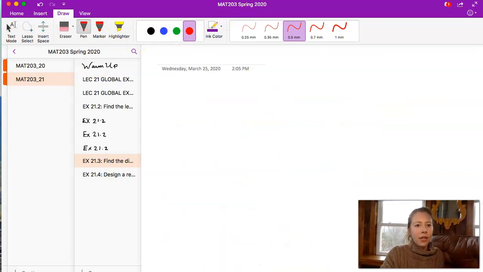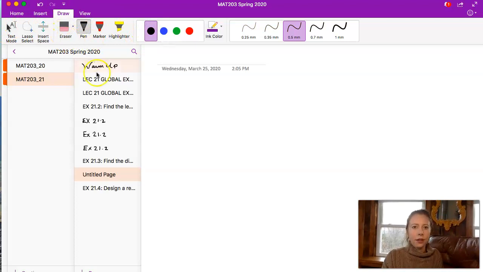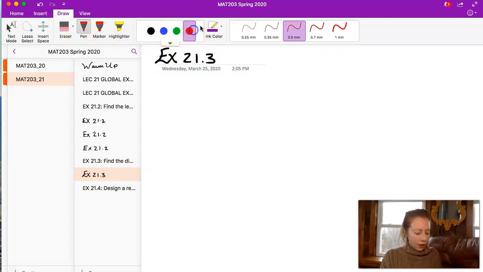So let's add a page. And this is still exercise 21.3. Okay, so let's keep going. So L is 4.